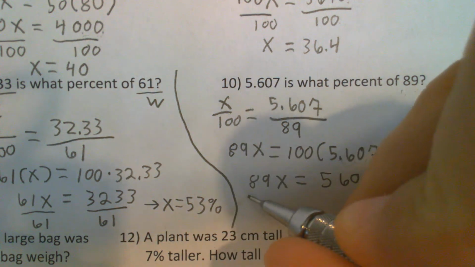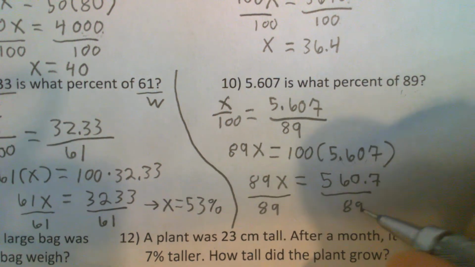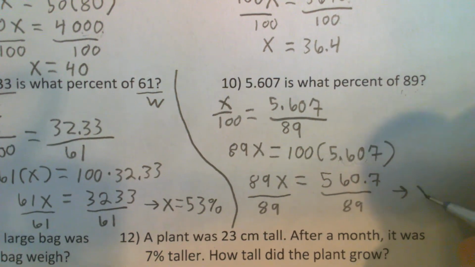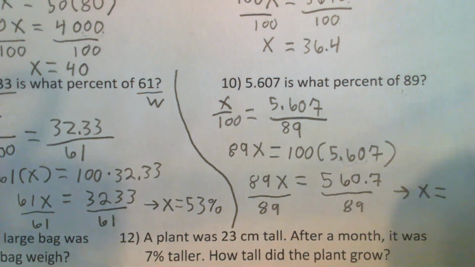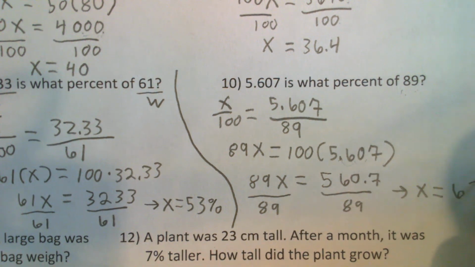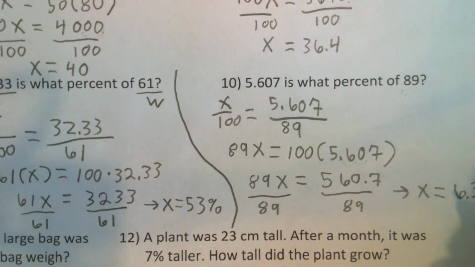To get x by itself, divide by 89. That is going to give us 6.3. Since this is a percent, we should add our percent sign.